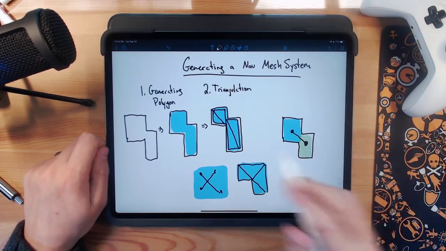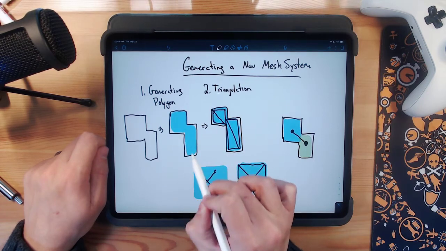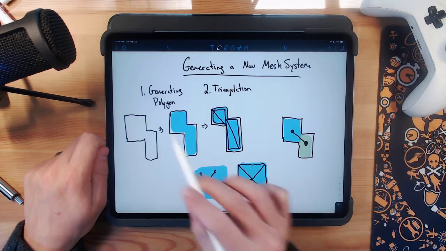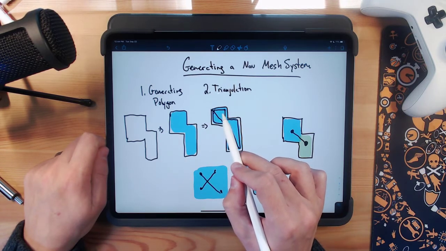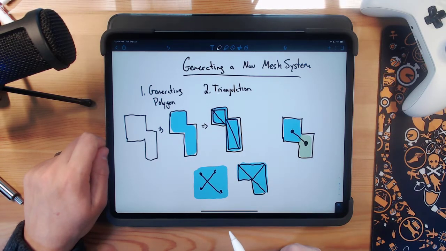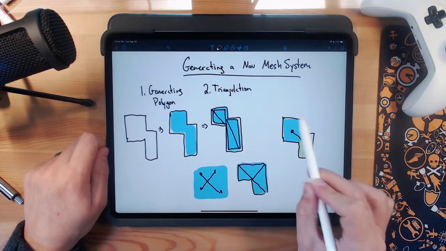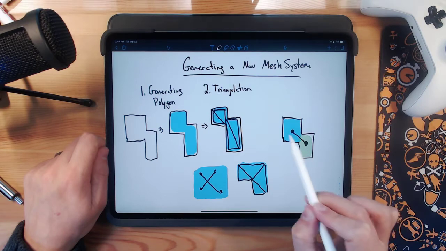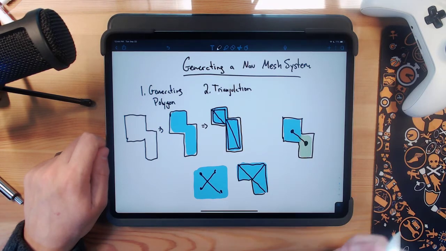There. Now I've broken this 1 polygon into 4 polygons that represent the same space. 1, 2, 3, 4. Right? And remember, this is attempting to get to our ultimate goal of something similar to this, where we have 2 meshes and 1 connection between them.